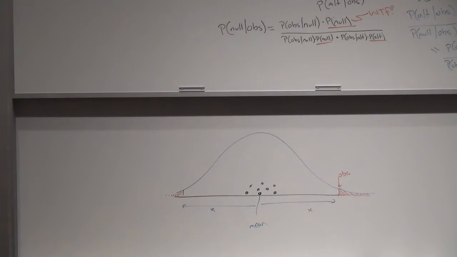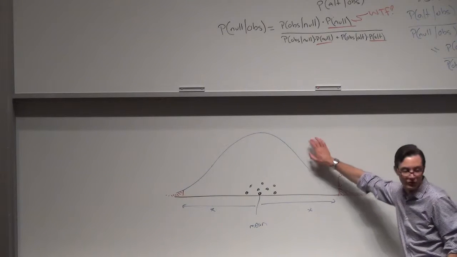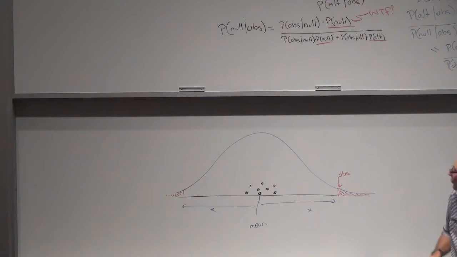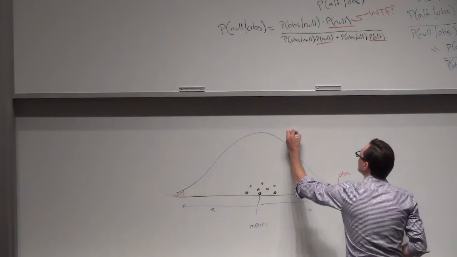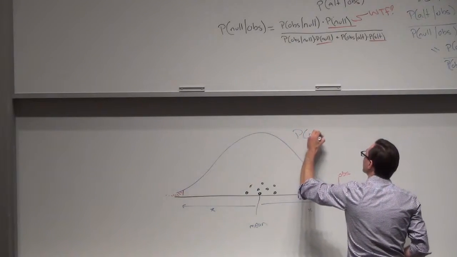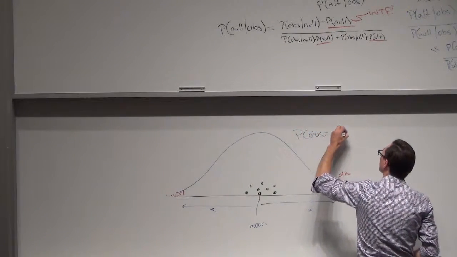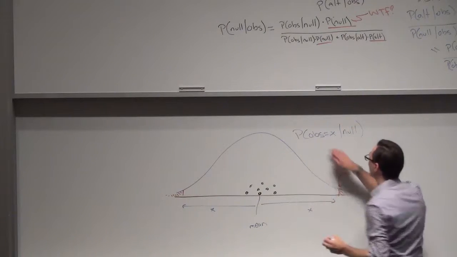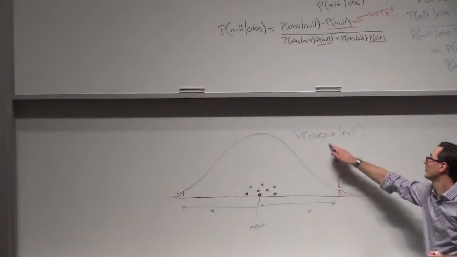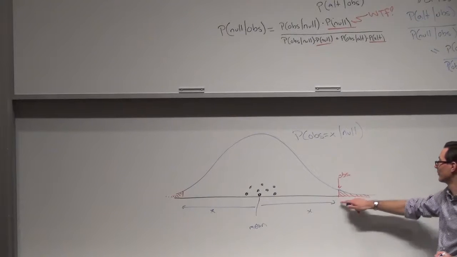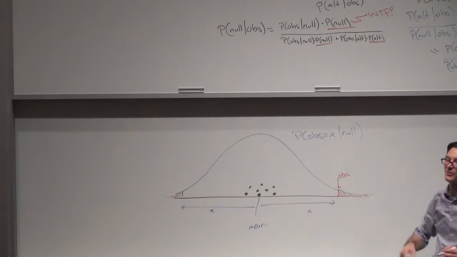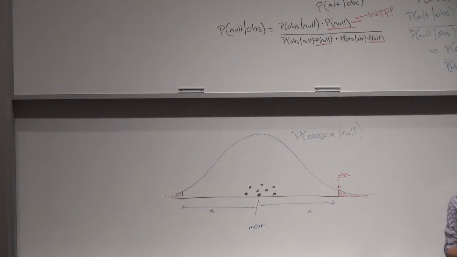So this then is the null distribution. It gives us the probability that the observation is some value given the null distribution. And then we can look at the area under the curve to ask about the probability of the null distribution being bigger or smaller. Anyone have any questions about this?